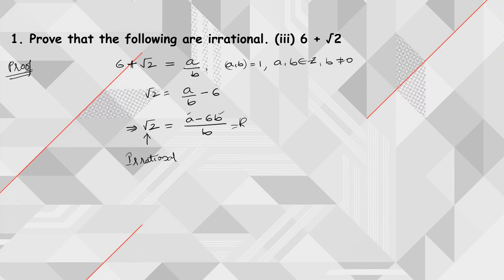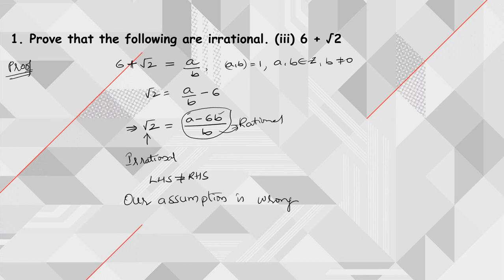So that means this whole thing is a rational number. Can you say rational is equal to irrational? So clearly LHS is not equal to RHS. Then from this what can I say? Our assumption is wrong.